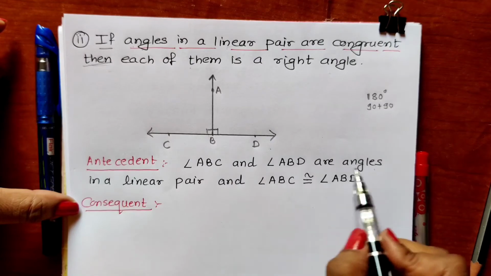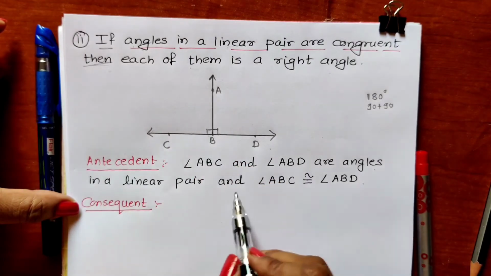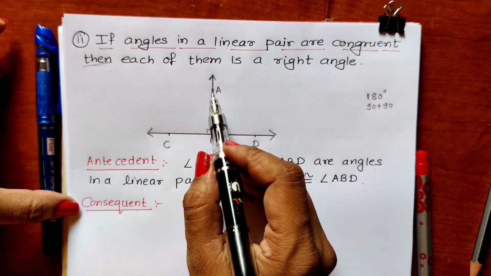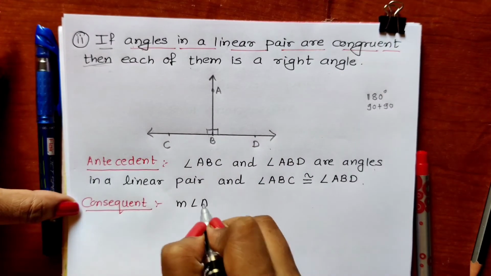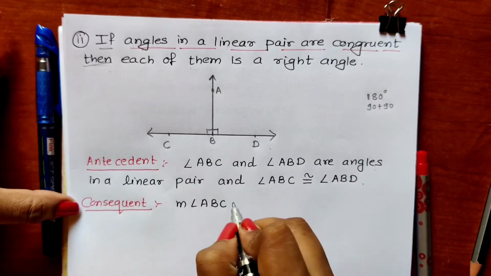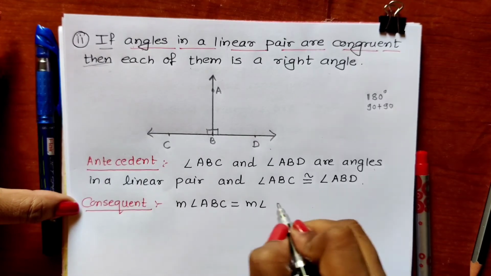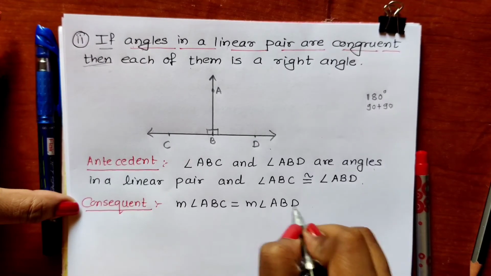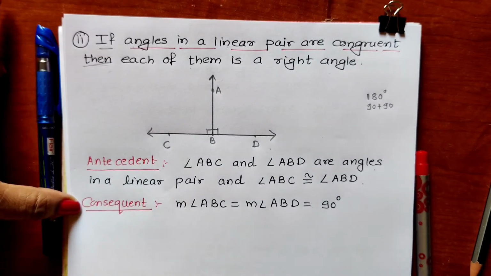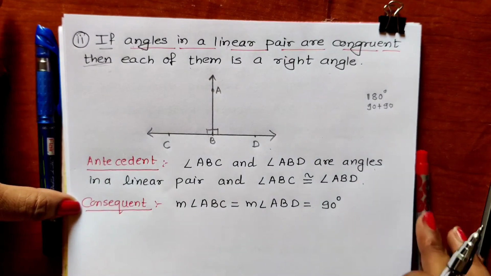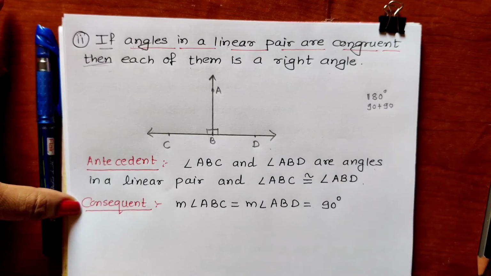So ABC and ABD angles are linear pair also and congruent also. That means their measure is 90 degree. Therefore measure of angle ABC is equal to measure of angle ABD. Both are equal to 90 degree. This is the consequent, or this is the part to be proved.